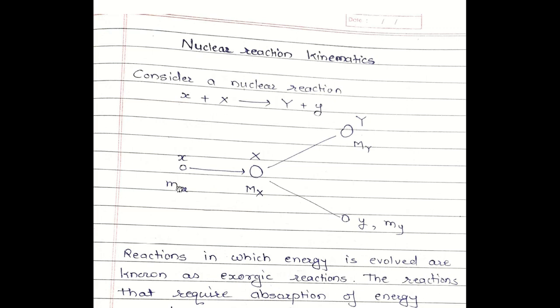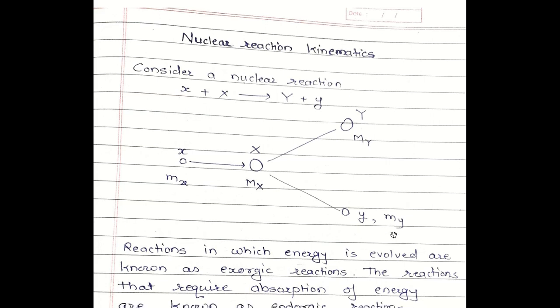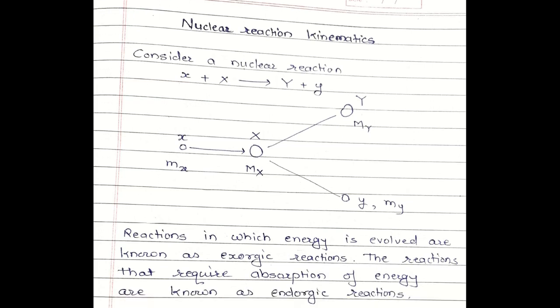Let us suppose that small mx and capital Mx are the masses of the reactants, whereas capital My and small my are the masses of the product nucleus and product particle respectively.